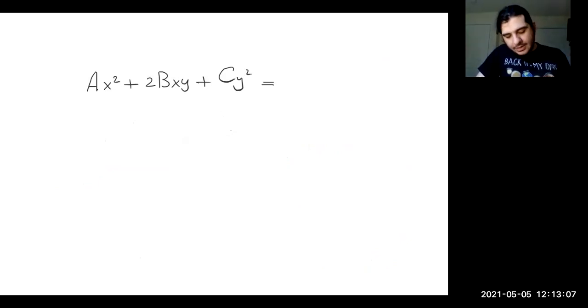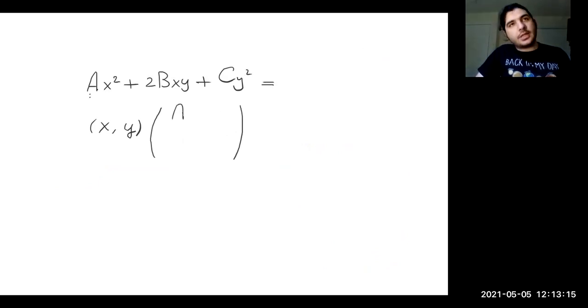So we have this vector x and y. Consider this matrix A. This coefficient of x squared would go there. Coefficient of xy should come here. Maybe I should say that 2bxy can be thought of as bxy plus byx, okay?